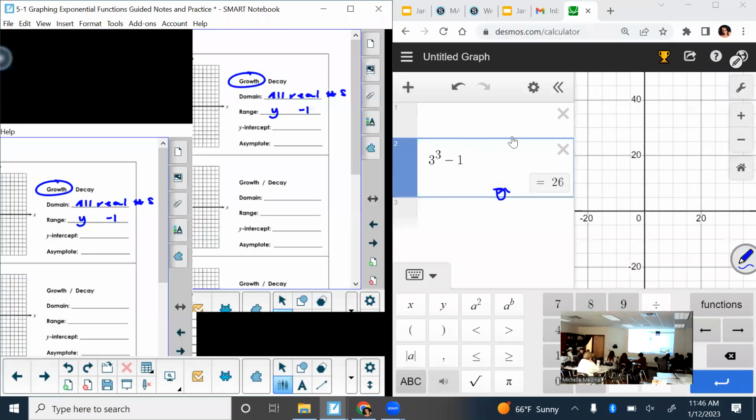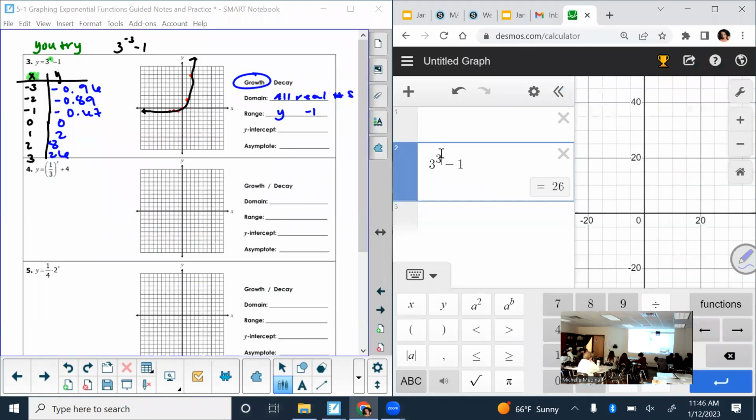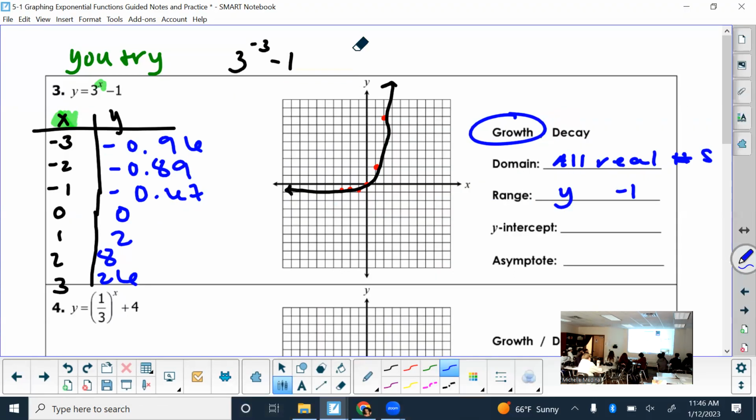So I'll show you, even when I make it a smaller x value, still not -1. Still not -1, but it keeps getting closer and closer without ever actually touching it. So are these y values greater or less than -1?